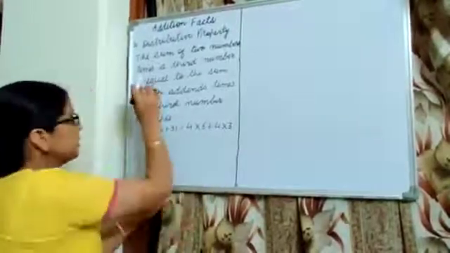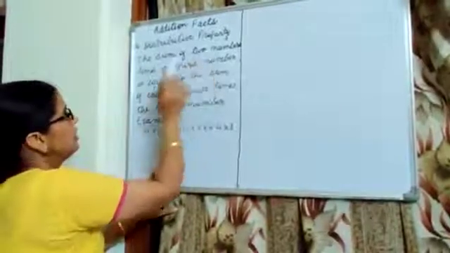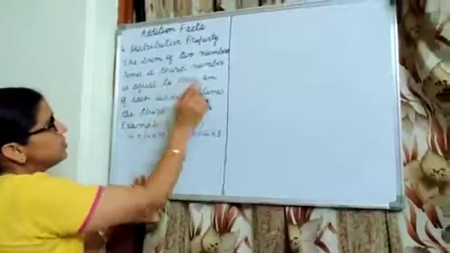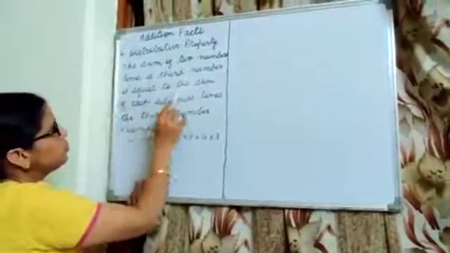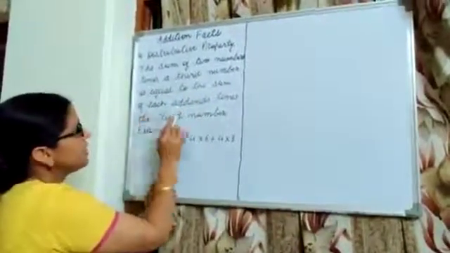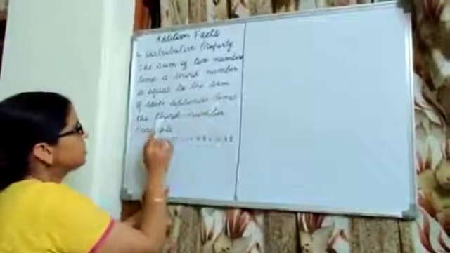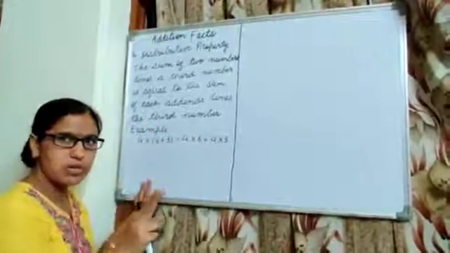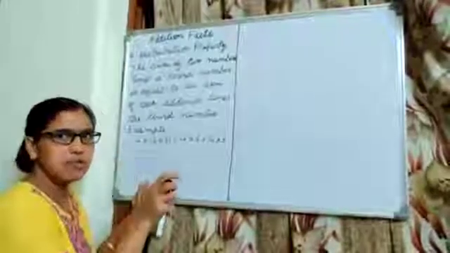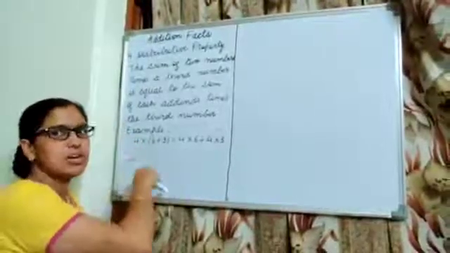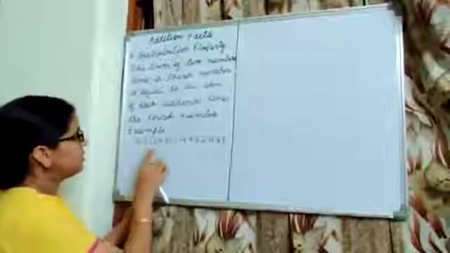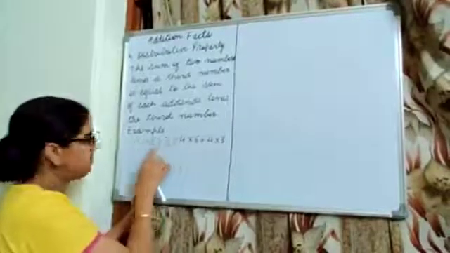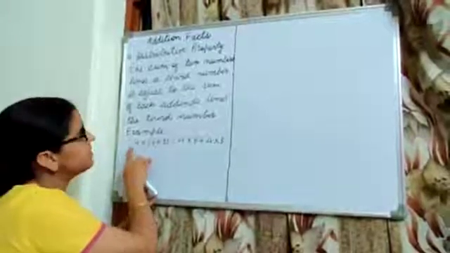You can see the sum of two numbers times a third number is equal to the sum of each addend times the third number. We add two numbers, then multiply that sum by a third number. Here 6 and 3 are added, and 6 plus 3 is multiplied by 4. That is one side.